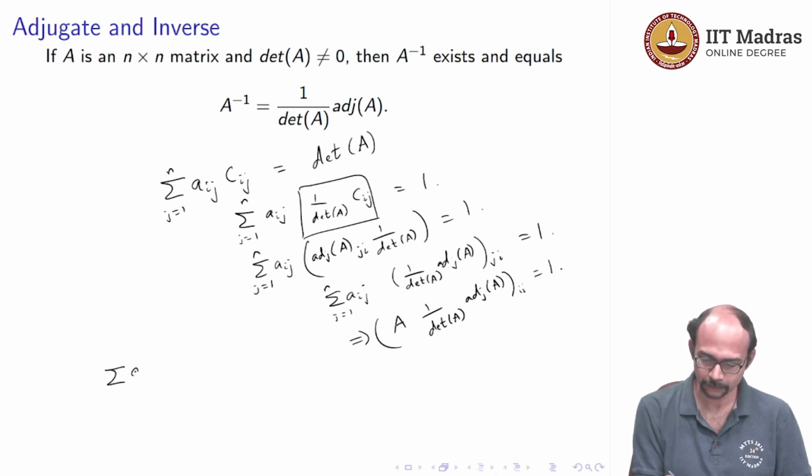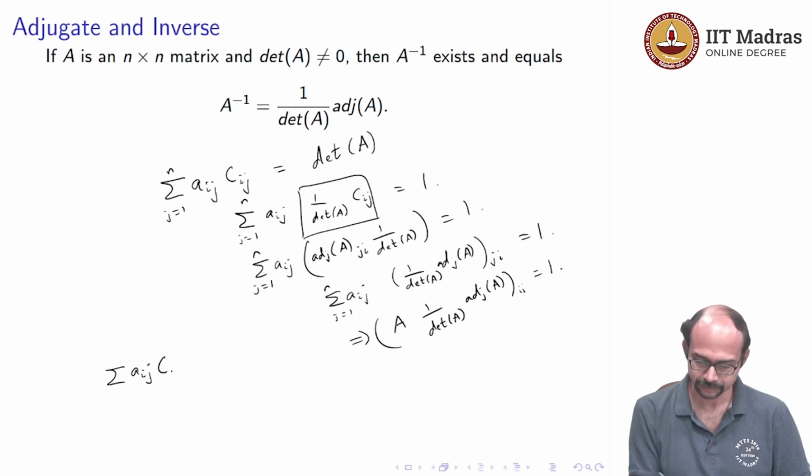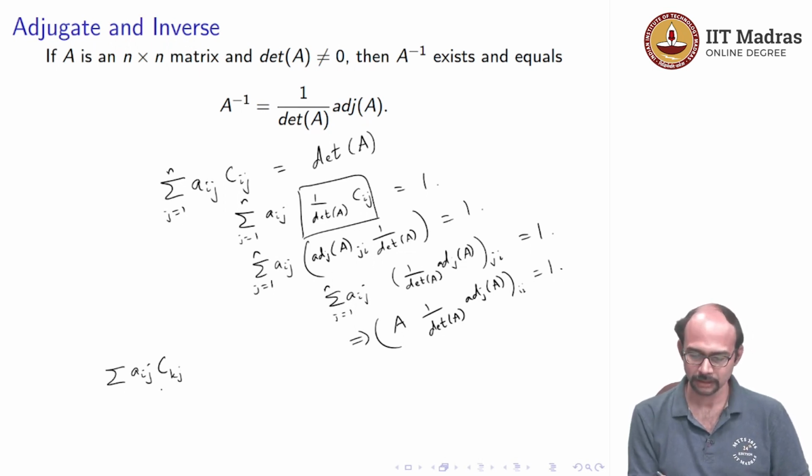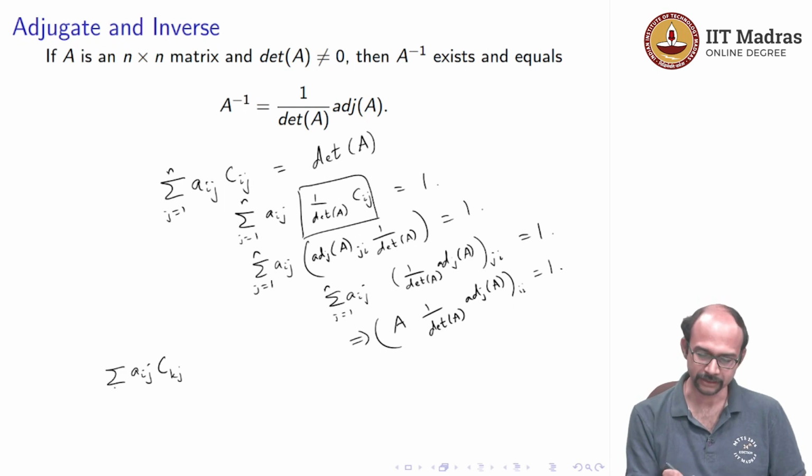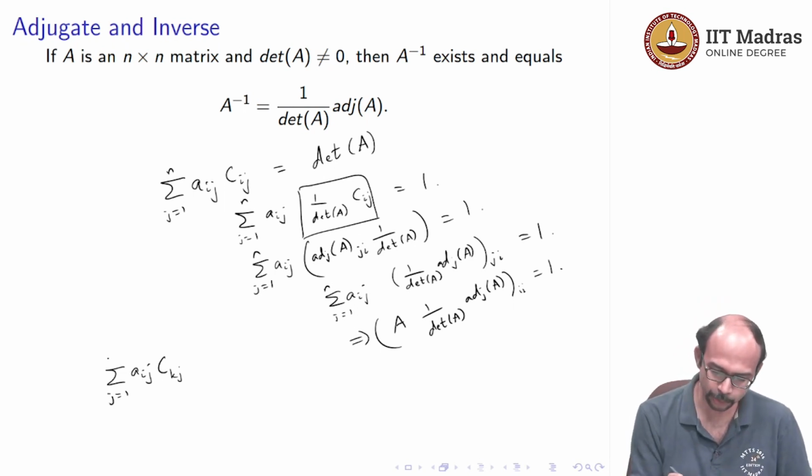For that we will have to do summation A_ij C_kj. Why do we care about this? Because if you work out in the same way, if you back calculate, you will get here. I will leave it to you to back calculate.